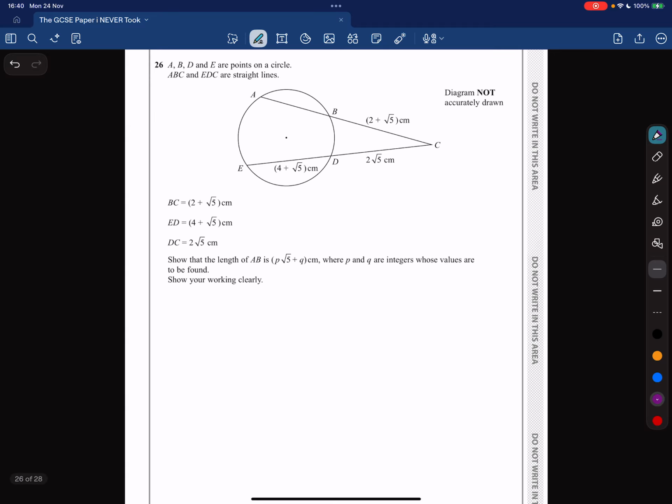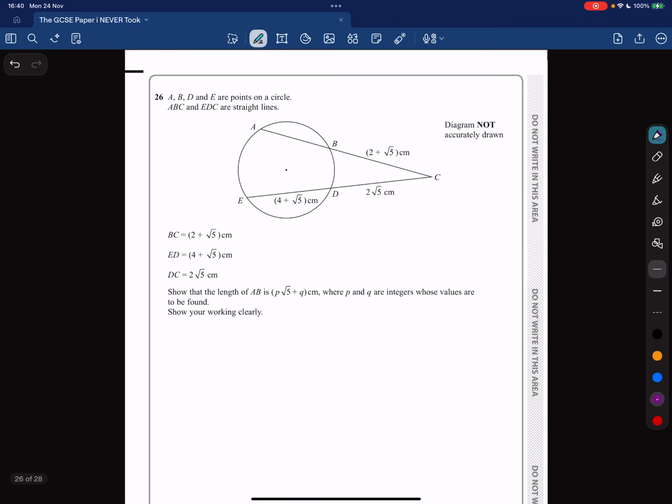Check the length A to B. What are they on? Okay.